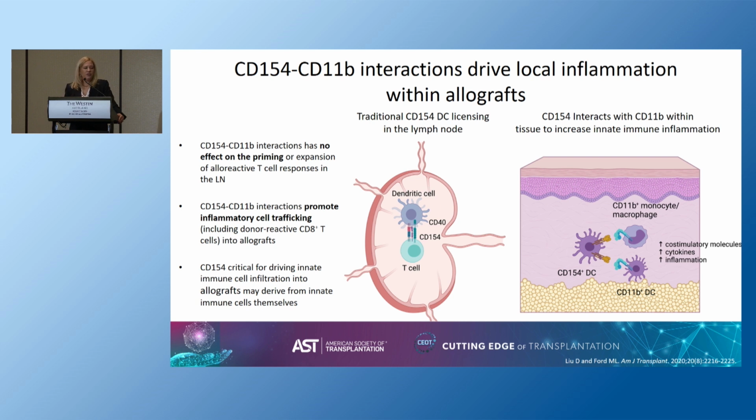Instead, we found that CD154 interactions with CD11B actually function locally within the allograft to increase innate immune infiltration, such that they upregulate costimulatory molecules, cytokines, overall inflammation, and can draw in innate immune cells as well as effector cells into the allograft.